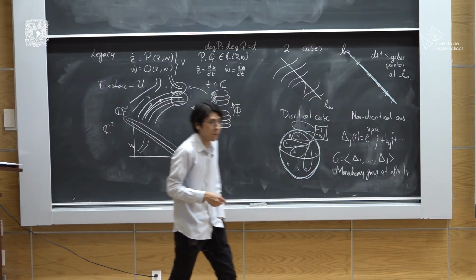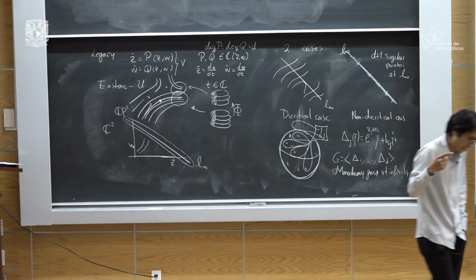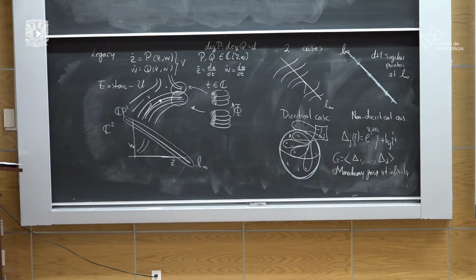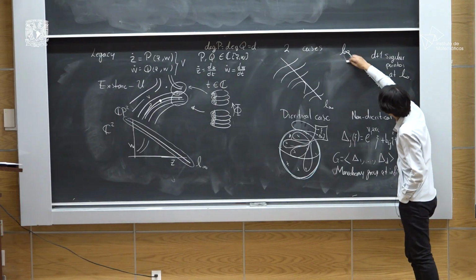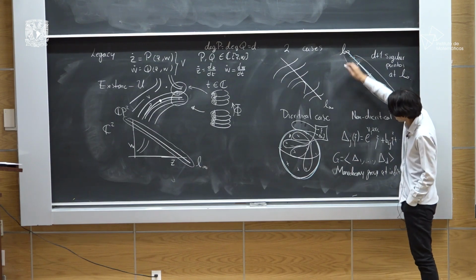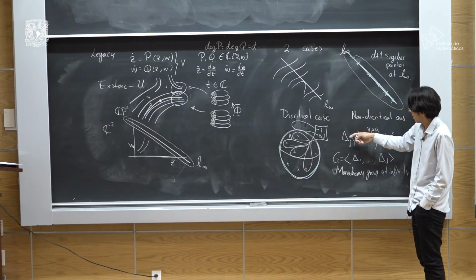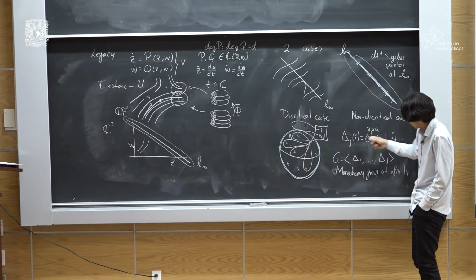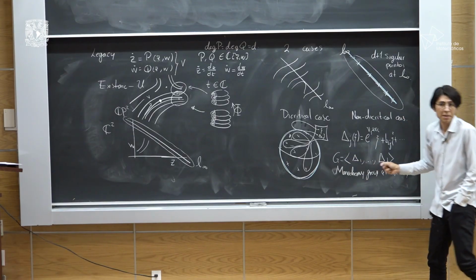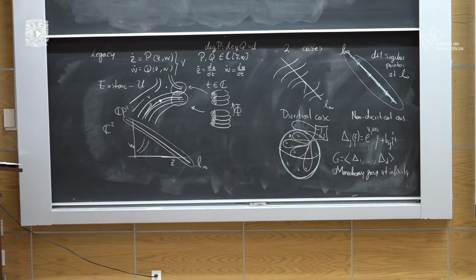So if we want to understand the dynamics of the solutions in a neighborhood of the line at infinity, we can study the dynamics generated by the monodromy group at infinity.